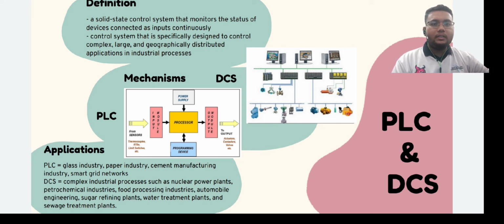Then for the DCS, the actuators in the DCS system are linked to the local output and input modules, where the sensors are controlled to receive data and process it, and then send it to the output and input module. This connection precisely monitors the process parameters.